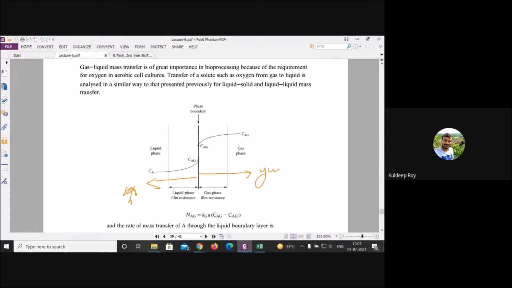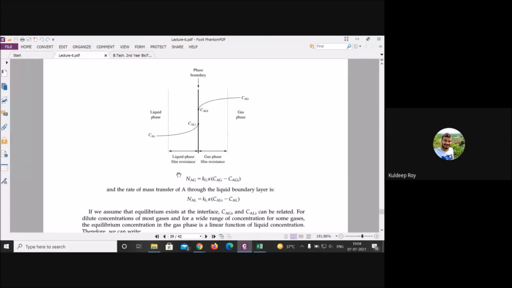The equation will be the same, everything will be the same, but here they have mentioned it in terms of G. In terms of G, NaG is equal to kG A (CAG minus CAGi). Same thing as for your liquid. As I already told, gas-liquid behaves like the same thing, liquid only.